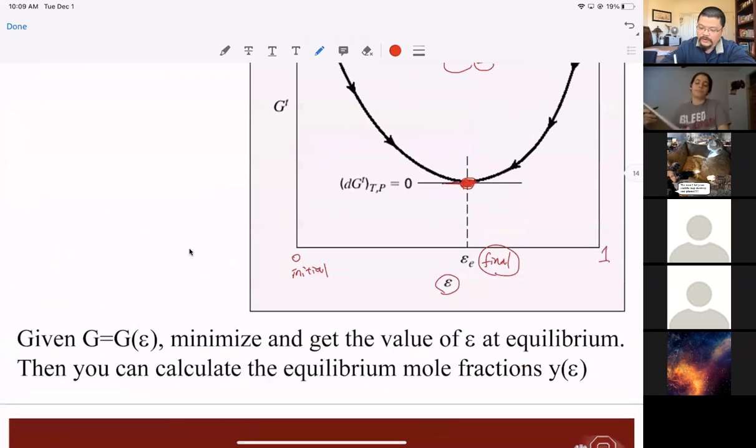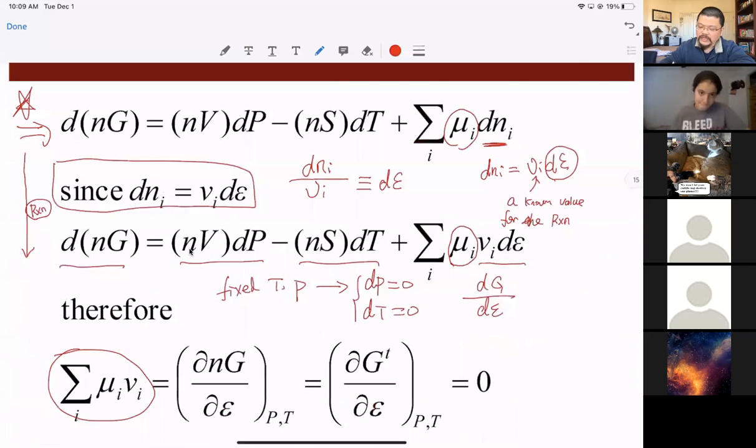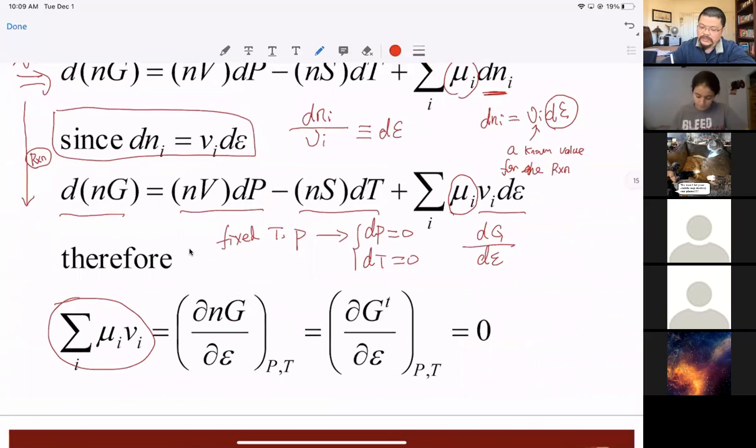This is the minimum, so the first order derivative dG over d epsilon shall be 0 at this point, which is equilibrium. We just reorganize this d epsilon to the left-hand side. Then we know that at equilibrium, we shall satisfy the summation of chemical potential times nu i being 0.